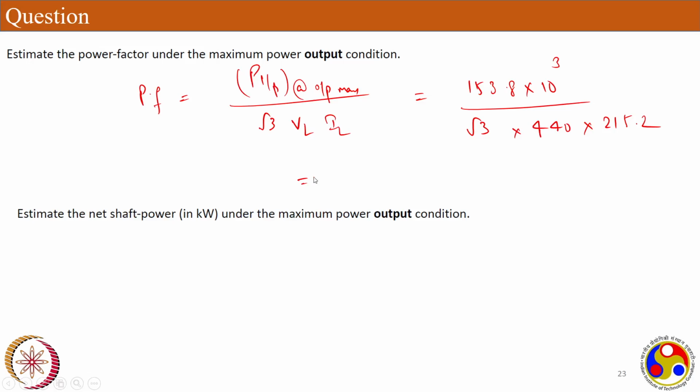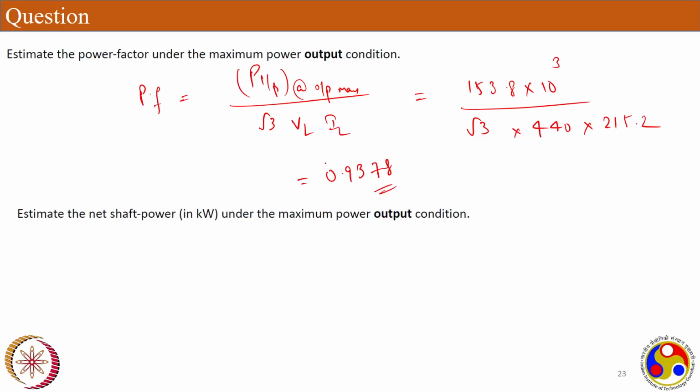So calculate this. 153.8 divided by that, we get 0.9378. So this is the power factor.